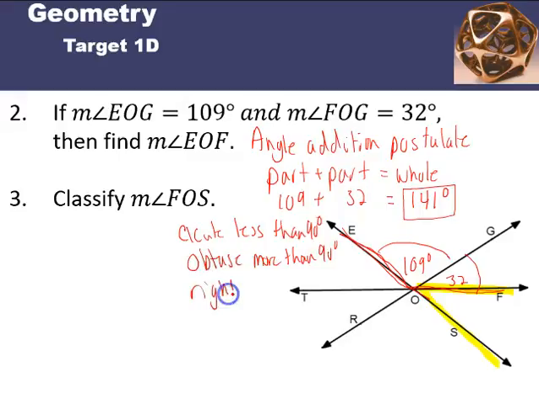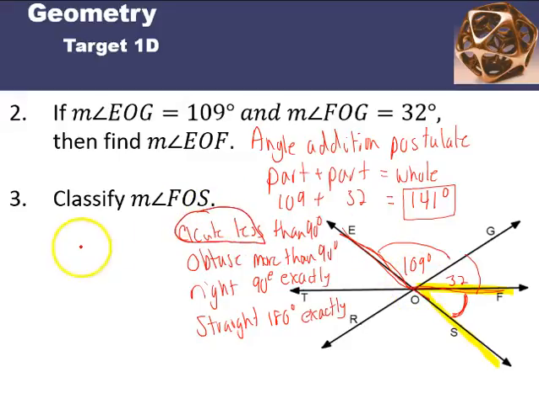Right is 90 exactly. And straight is 180 exactly. So looking at this angle, it looks like a small little one, so it's smaller than 90, so it's acute. So the answer to this would be acute.